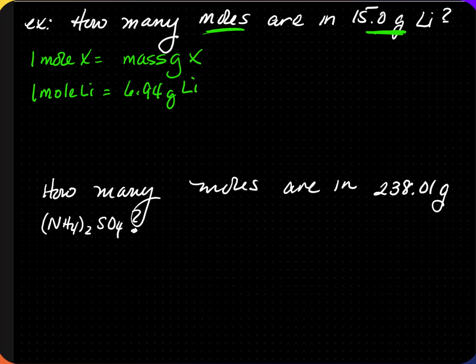So just like before, we're going to start with what's given. What's given is 15 grams, so 15.0 grams of lithium. And this just becomes dimensional analysis. Diagonal units need to be the same. Grams of lithium, grams of lithium. The number in front of lithium is 6.94, so that goes right here, 6.94.